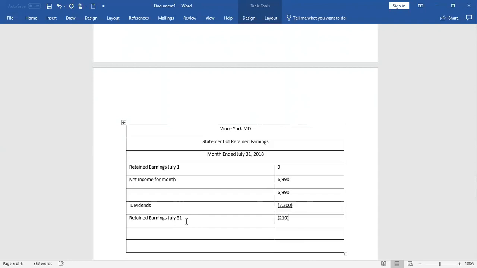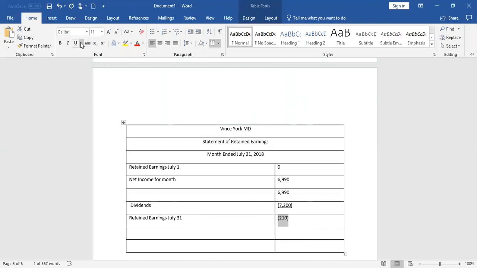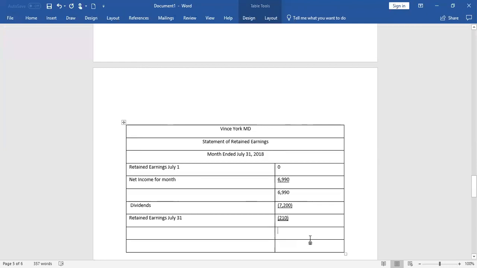That's not normal, but that's how ours works out. So retained earnings will actually have a negative balance in our problem. It's usually a positive. And we have to indicate that with those little brackets. So the company made $69.90, but they paid out $7,200, a little too much. So that ends up having a negative impact or a negative balance in retained earnings.